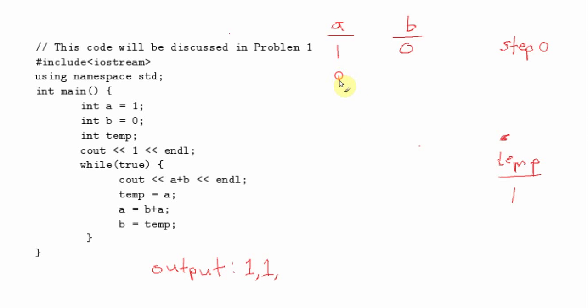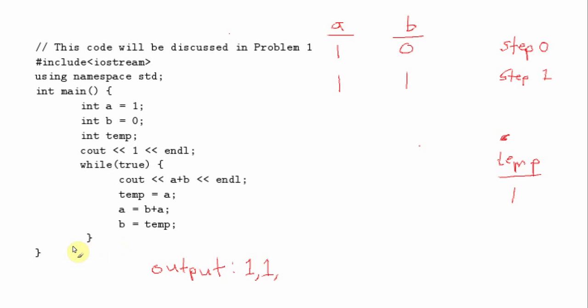So that's 0 plus 1, which is 1. Now b gets the value of temp, which is 1, as you can see in this last line. So this is step 1, step the first.